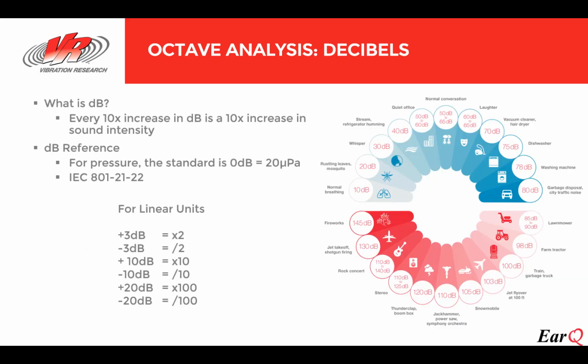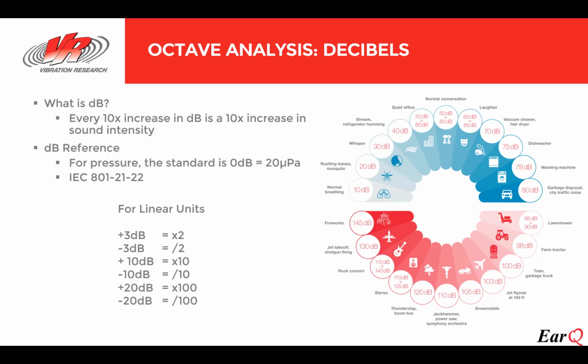When we talk about octave analysis, we're looking at decibel scale, and dB is essentially every 10 times you increase or decrease the dBA, the dB, there's going to be a 10x increase or decrease in intensity.